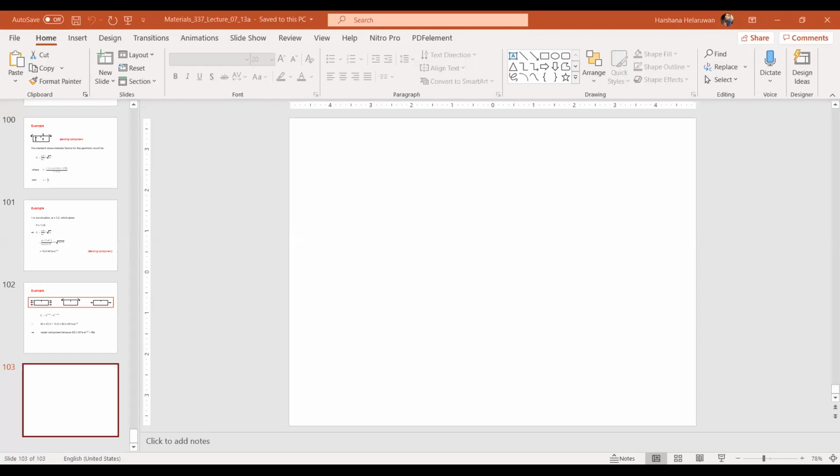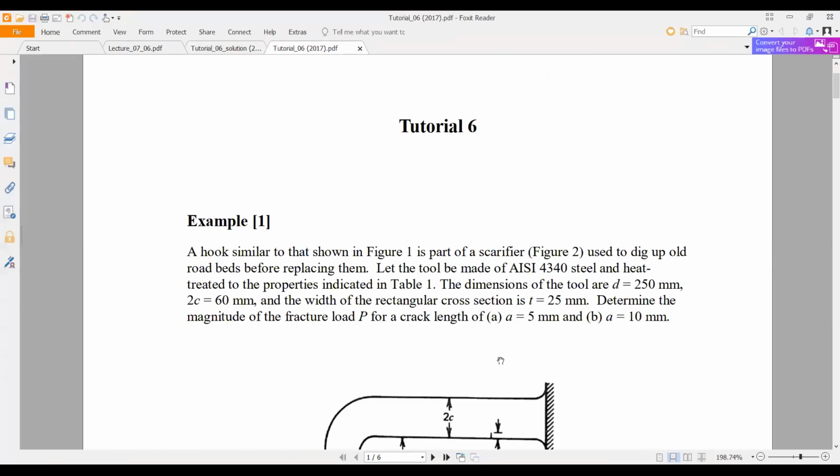I will read it. The hook similar to that shown in figure 1 is part of... Oh, I'm sorry, I didn't share it. Yeah, I will share it. Now can you see? Yes, sir.